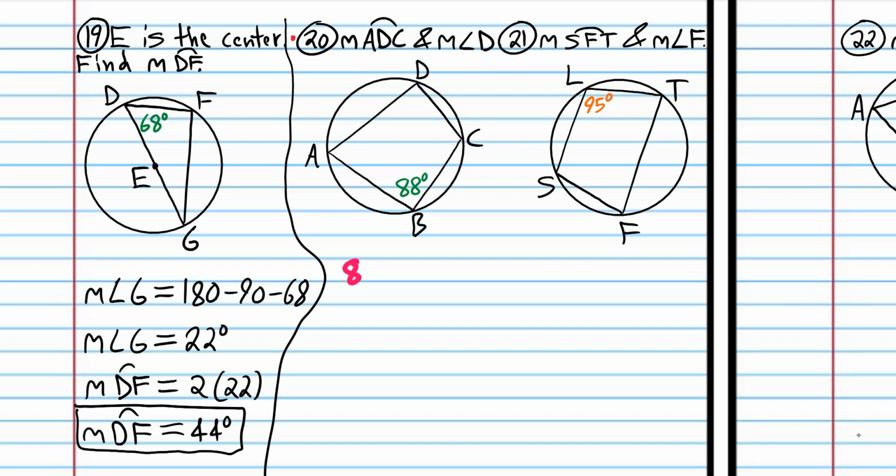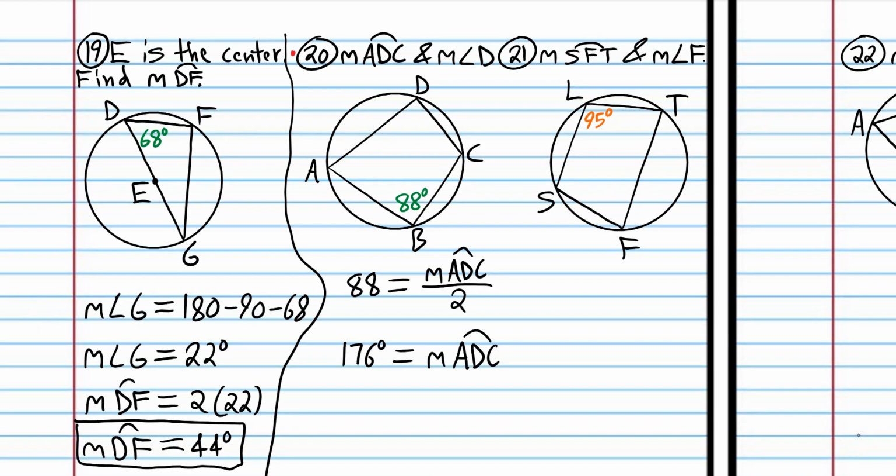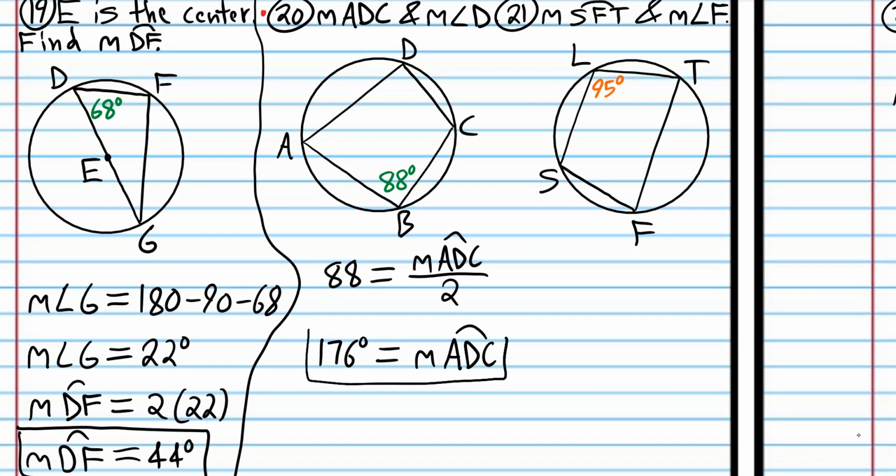So 88 is equal to the measure of arc ADC divided by 2. So just multiply both sides by 2, and we get 176 degrees is equal to the measure of arc ADC. So that was easy. That's not the hard part.